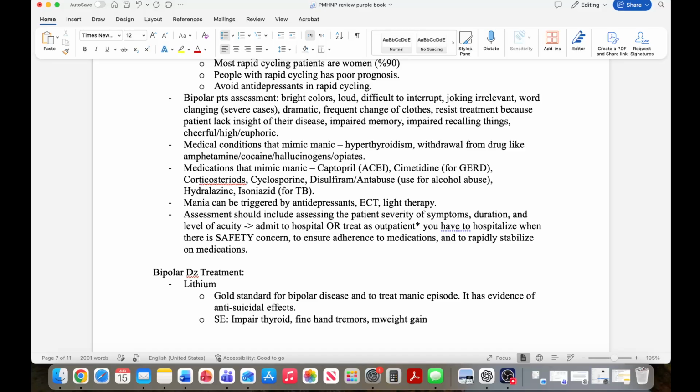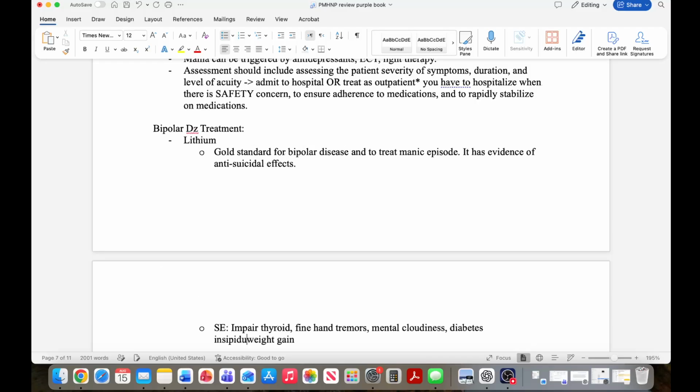Okay. Mental cloudiness. Diabetes insipidus. Isn't that crazy? Because think about it. It's behaving like a salt in the body. Of course, it's going to cause GI upset. In fact, everything causes GI upset. So I don't even want to write that down.